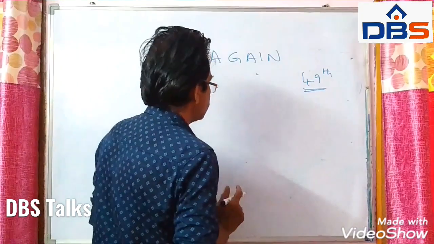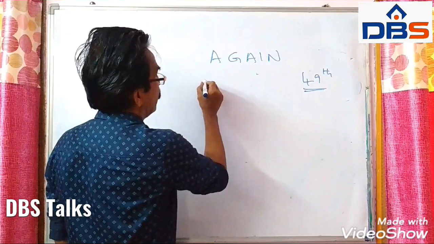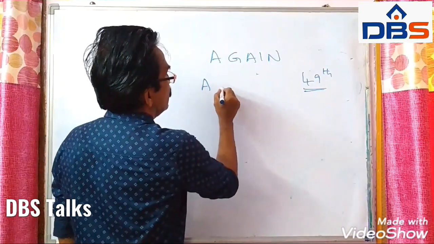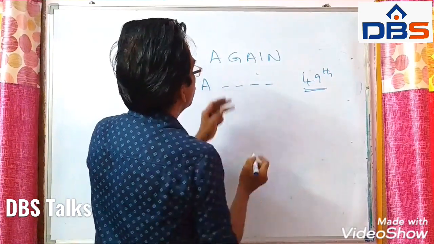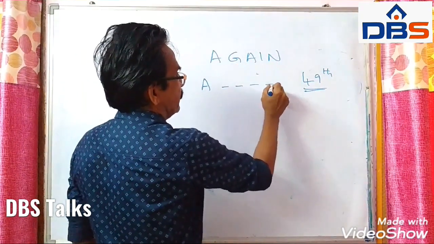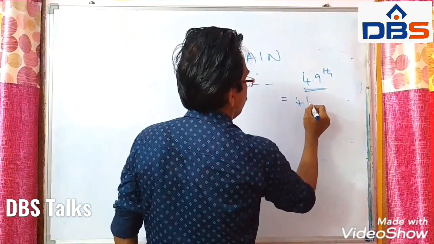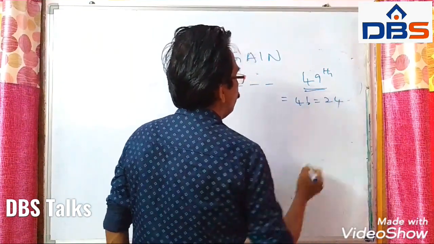Let us see. First, let us find the number of arrangements starting with A. If the first place is A, the remaining 4 letters can be arranged in 4 blanks in 4 factorial ways, that is equal to 24.